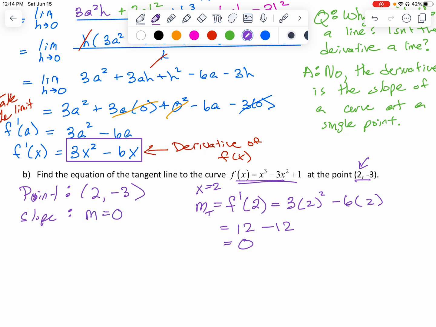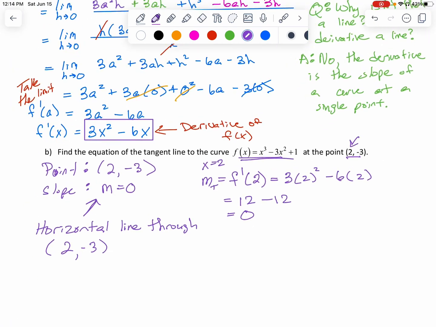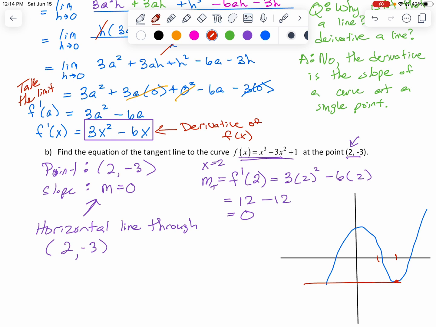What does that mean? That's a horizontal line through that point, 2, negative 3. So thinking back to what that graph looks like that we sketched at the top of this problem, at 2, negative 3, we actually have a horizontal line.